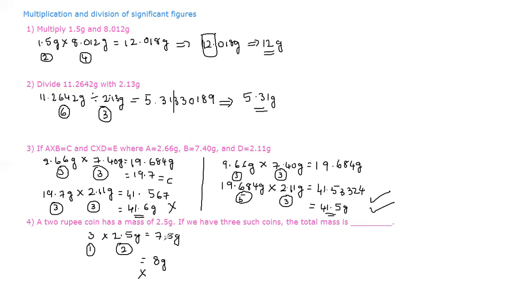So in such cases, we are not supposed to round off based on that number, because it has infinite significant figures. So 8 grams is wrong, and this 7.5 grams is the right answer. We are not limiting the significant figures whenever we are dealing with exact numbers in such problems.